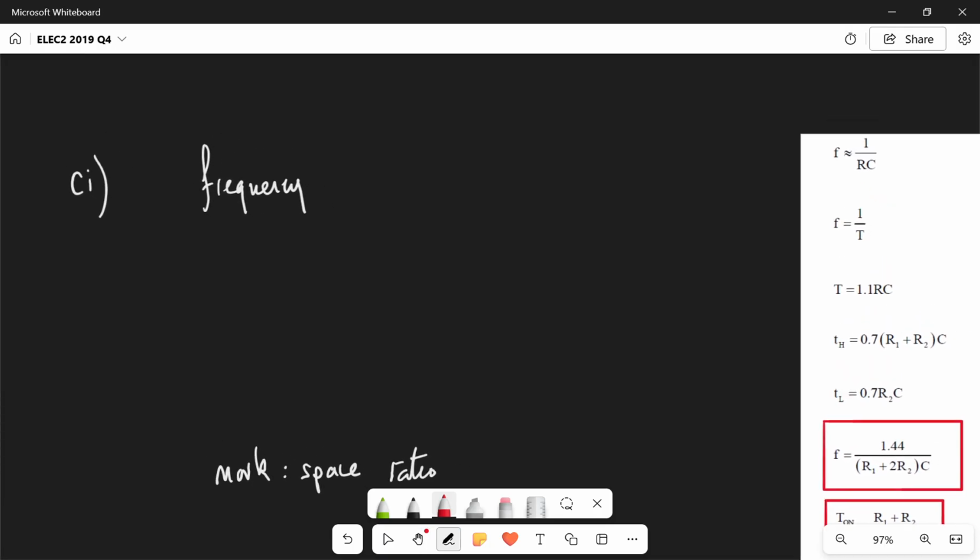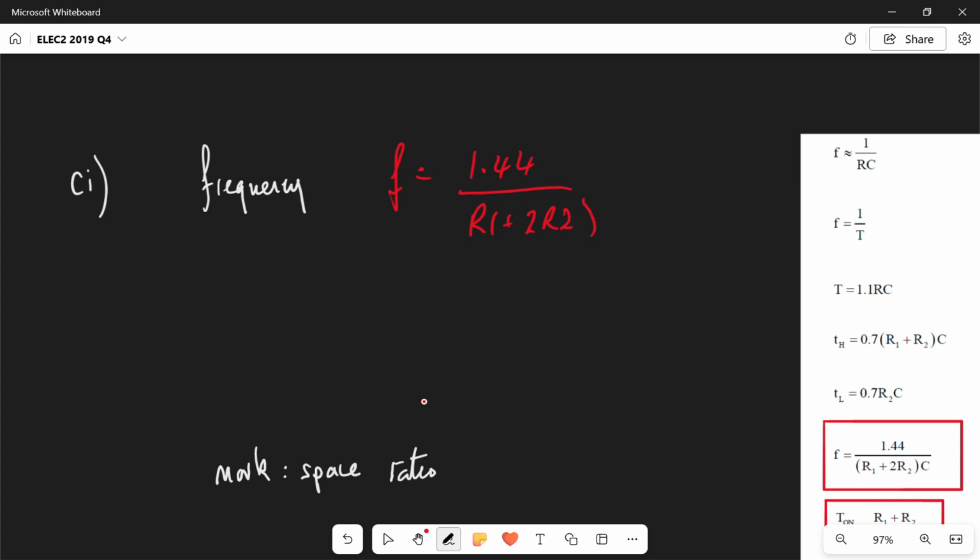Okay, so for frequency, we know that frequency is equal to 1.44 over R1 plus 2R2 in brackets times C. Now all we need to remember is which one's R1 and which one's R2 in order to get the correct values in here.